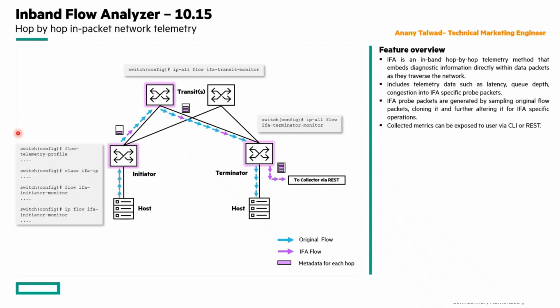Here is a snapshot of what configurations are required on the initiator. In case of transit and terminator, one needs to enable the transit or terminator monitor, which will keep an eye on all incoming flows and check for IFA probe packets, where they can append the data in the case of the transit node. In the case of the terminator node, the data can be collected from it and displayed to the user.